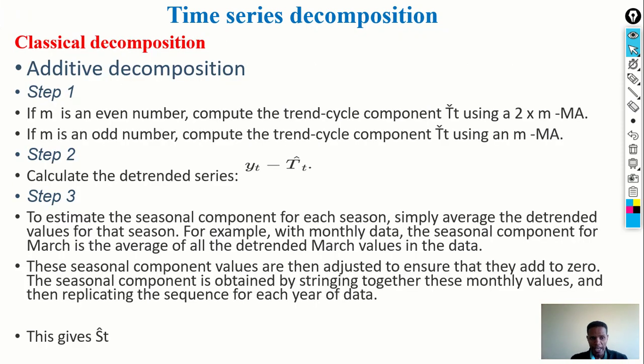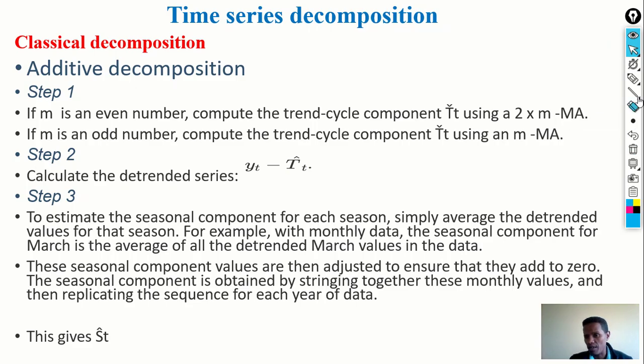So if m is an even number, like 4 or 12, instead of being 7, that is, if the seasonal variation m is an even number, we compute the trend cycle component labeled as T hat at time t.